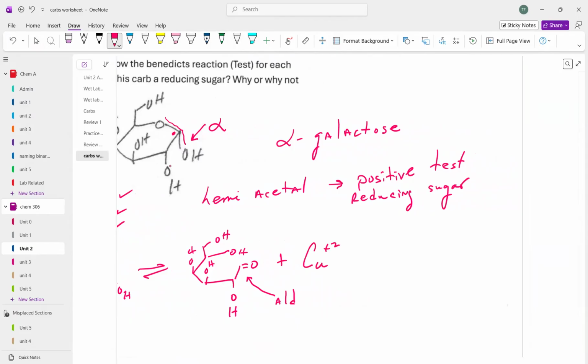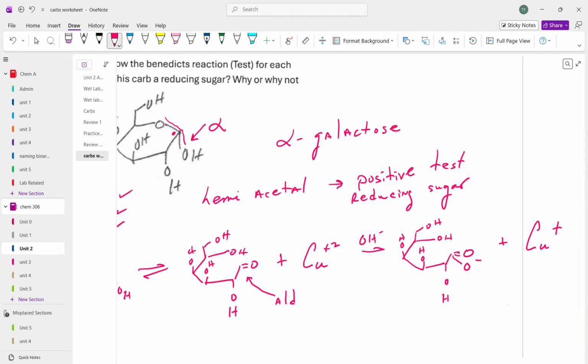Benedict's test starts with copper 2. The aldehyde goes, and this is in a basic environment, so we get the acid salt when the aldehyde is oxidized.